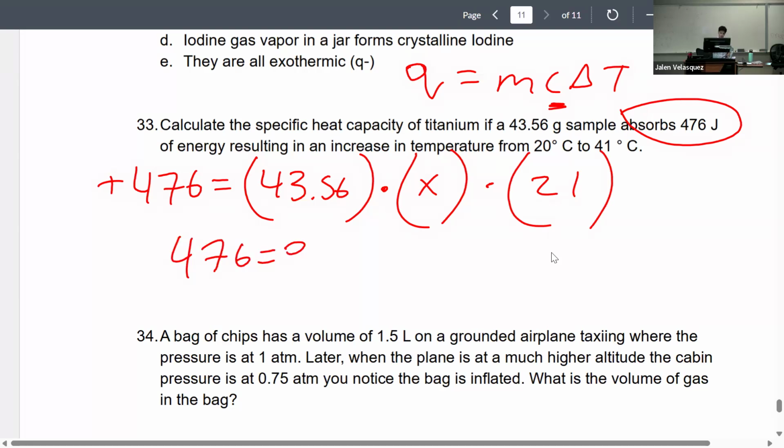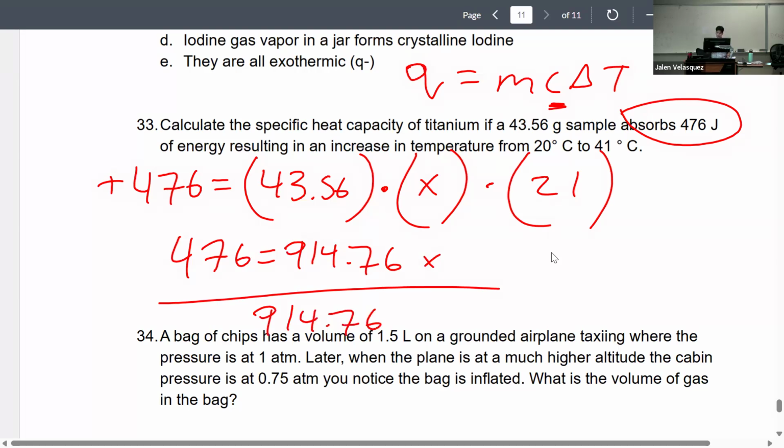So you do some math here. 476 is equal to 914.76x. Divide both sides to solve for x. What do you get for x? Good, 0.52. And the units are joules per gram times Kelvin.